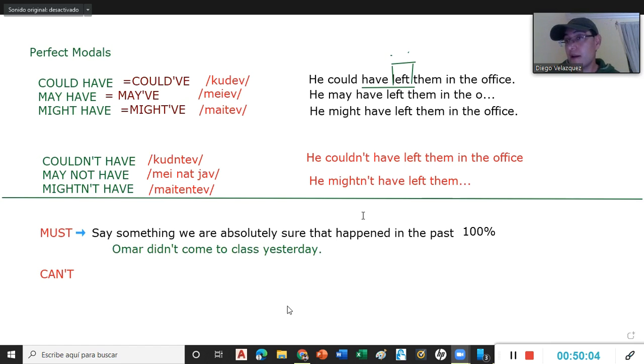No sé qué esté pasando con Omar, pero ya lo conozco. Ay, Omar es una fichita ese niño. Entonces estoy seguro que esto fue lo que pasó. He must have drunk tequila with his friends.